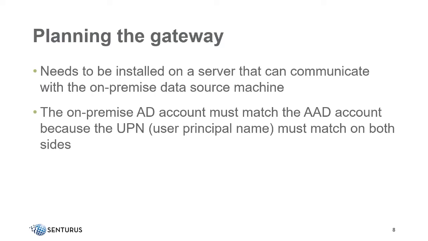Hey, why can't I get to this data set anymore? Oh crap, Donna's on vacation, right? We don't want that. So the gateway gets installed on a machine that has access to the data source.